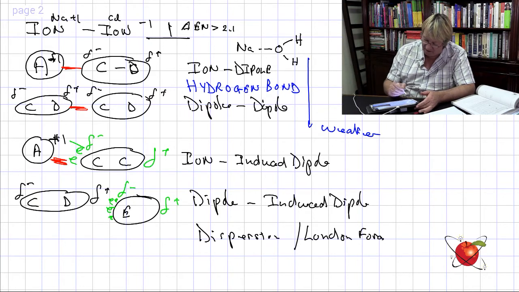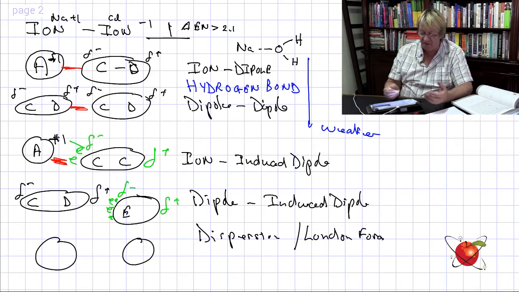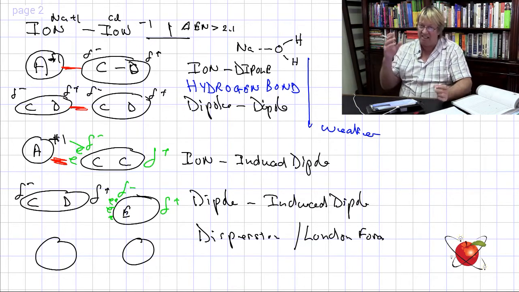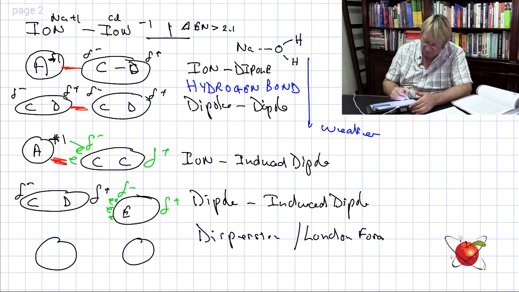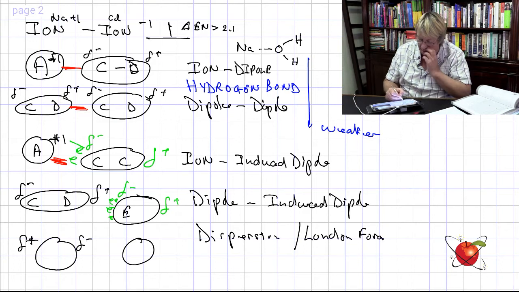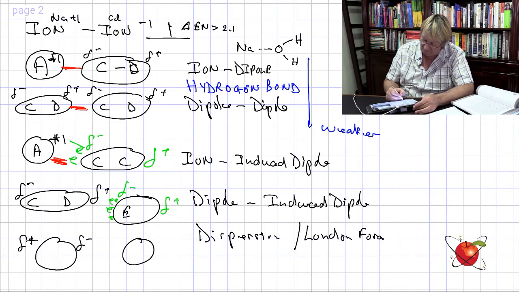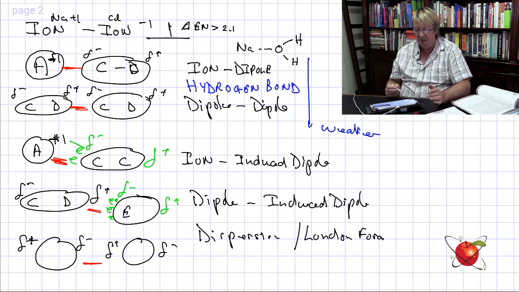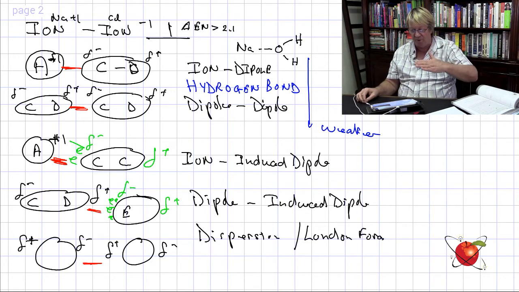We've got two elements, two atoms, two molecules, two whatever. And we get a temporary situation where this side goes positive, that side goes negative, and this side then goes positive, and that side goes negative, right? Creating a force of attraction between these over here. So those are the system of forces that we've got.